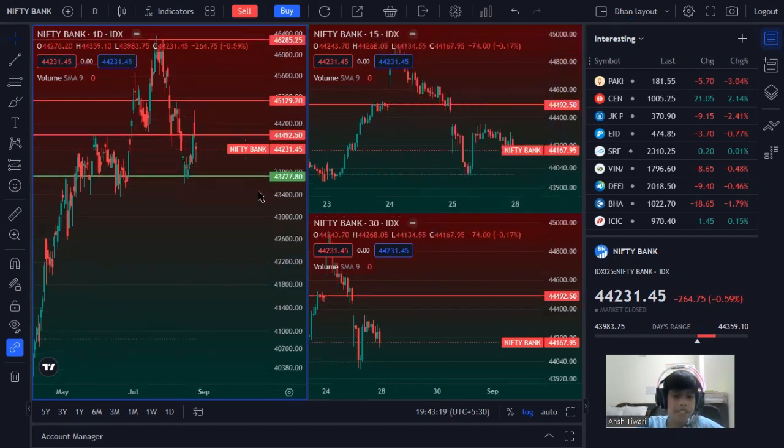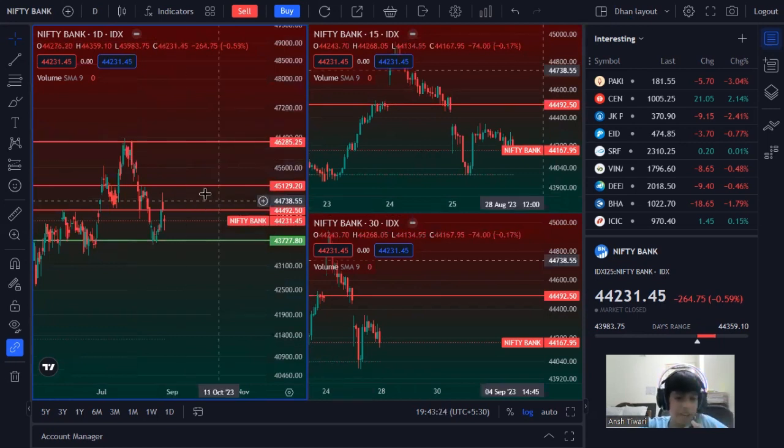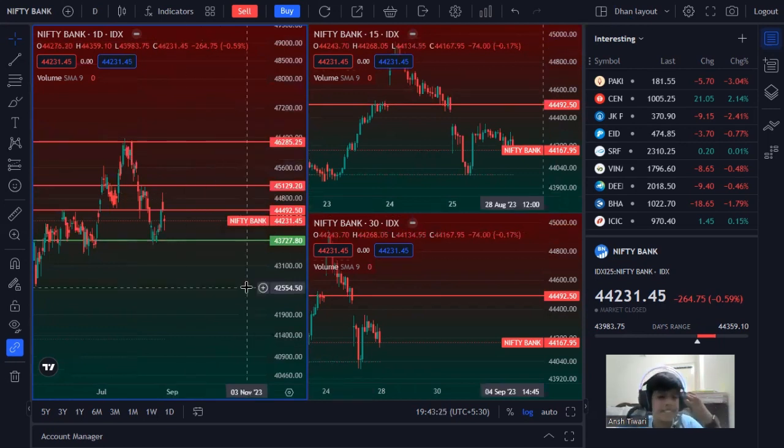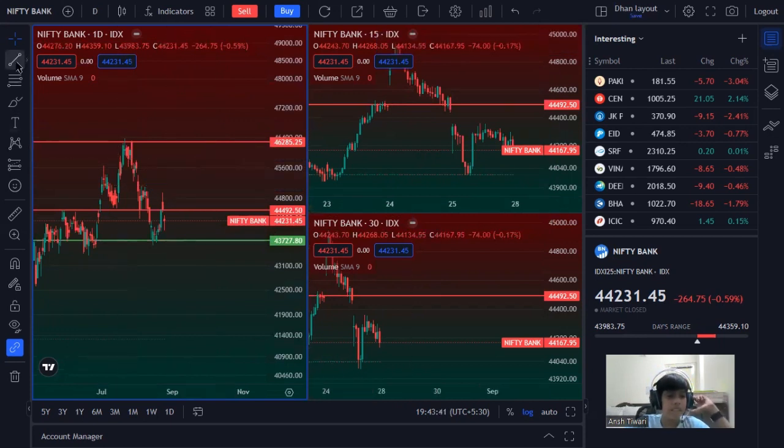Now we can see that the markets have three major resistance levels right now. The first one being at 44,492. The second one can be placed as a little range. So let me place a range here.